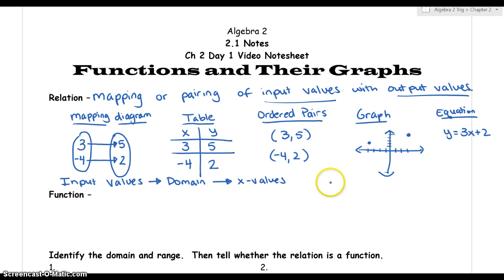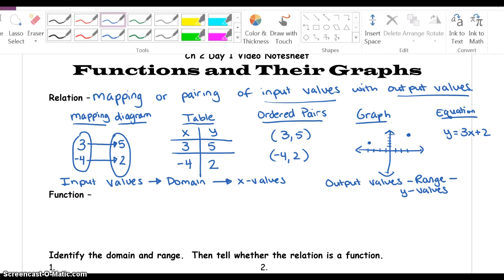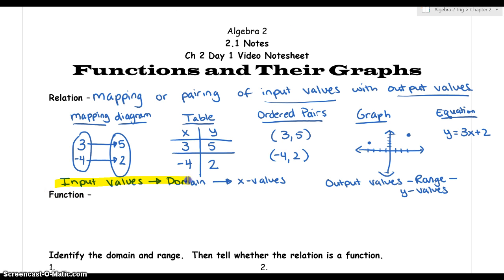We also have output values, which are called range, and those are our y values. I'm going to highlight these because these are important concepts that you should definitely have in your notes.